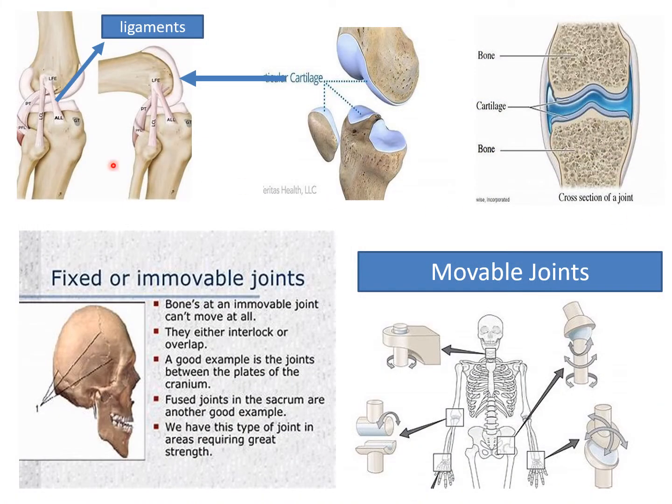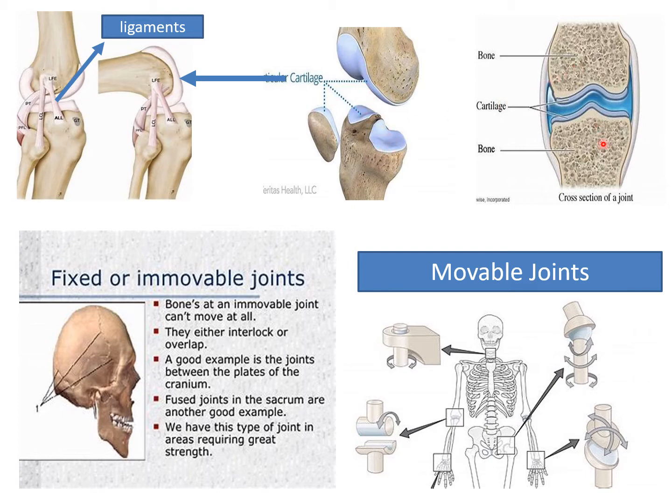Now you can see here, these are ligaments which are holding the bones together so that they can move easily. And the cartilage is attached to the bones. This white portion is cartilage. You can see here also how the cartilage is attached to the bones. When this bone moves on this bone, it does not get damaged because of the presence of this cartilage.